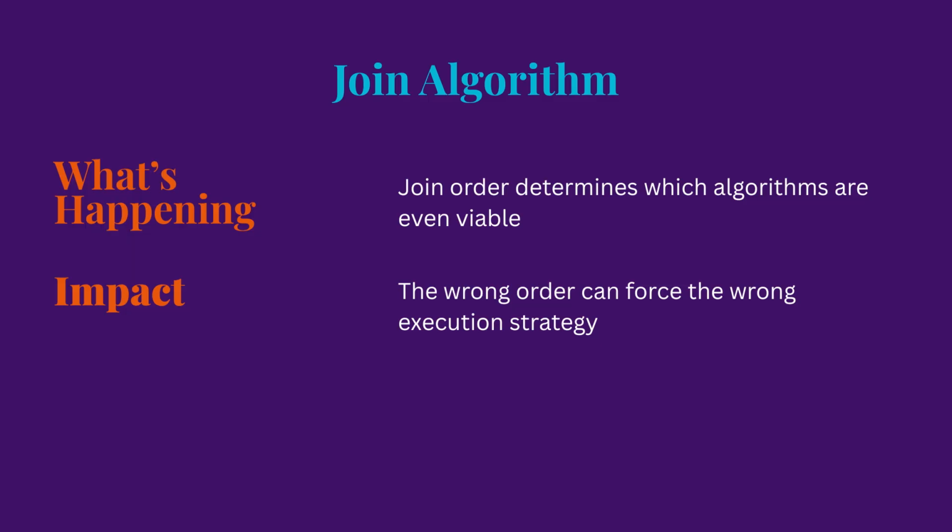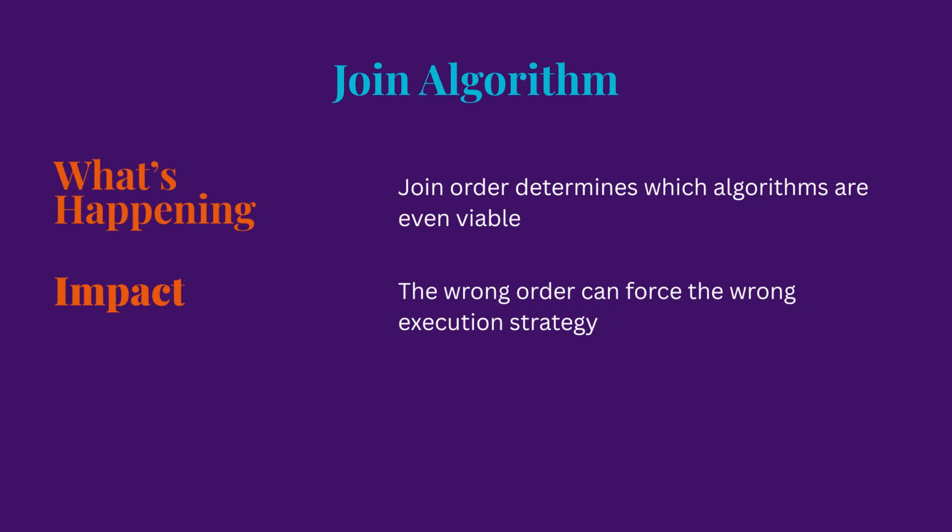Because different join algorithms need different conditions. Small input, you get nested loops. Large unsorted data is a hash join. And pre-sorted data, merge join. Wrong order, you force the optimizer into a worse strategy.